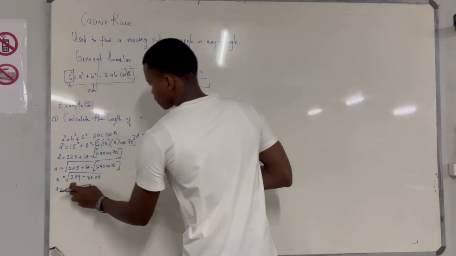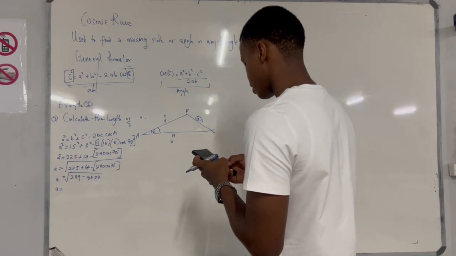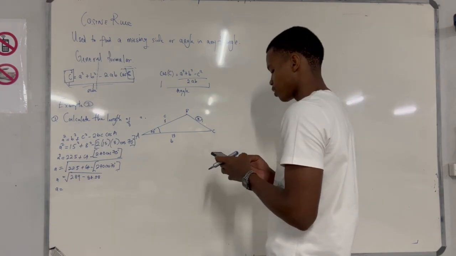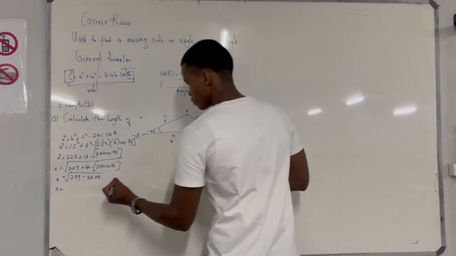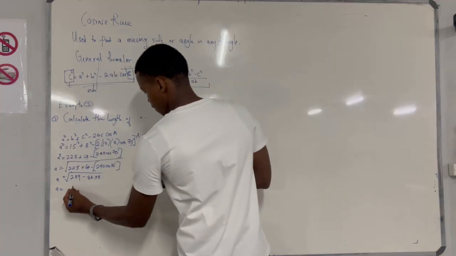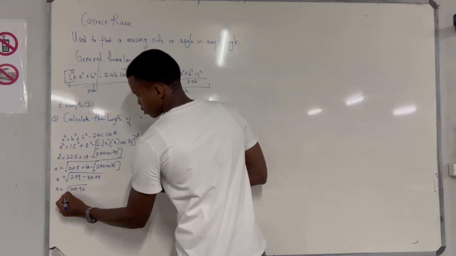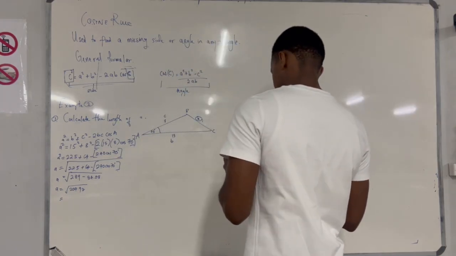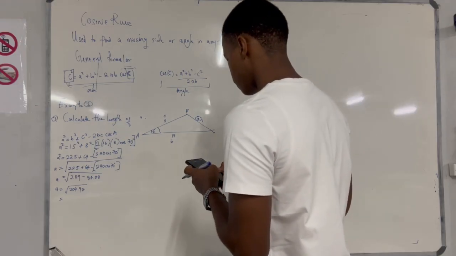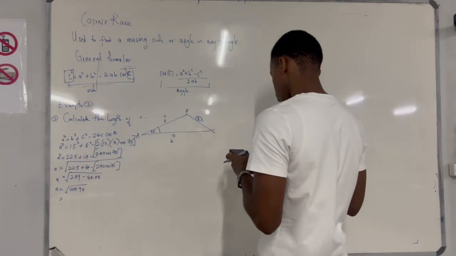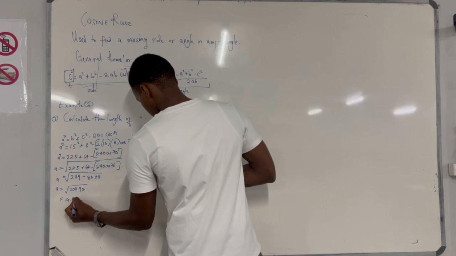So a equals the square root of 289 minus 84.08. We have 204.92 under the square root. The square root of 204.92 is 14.32.